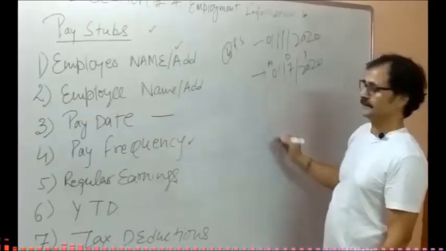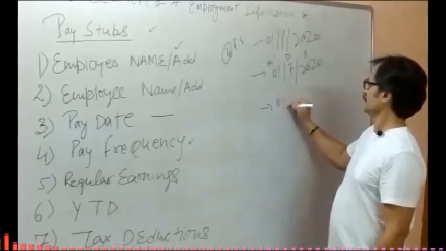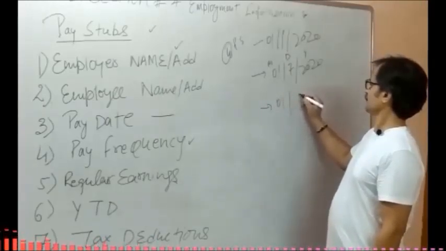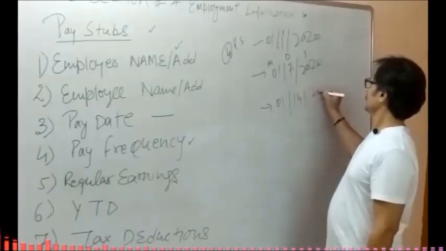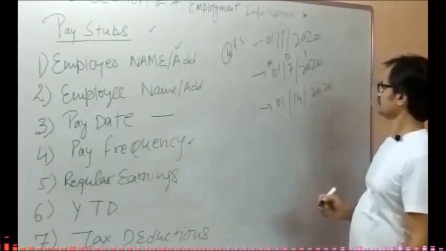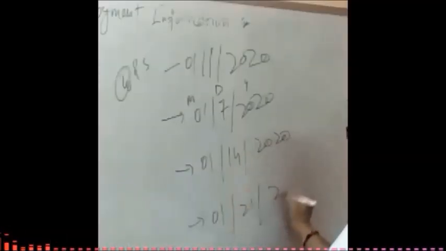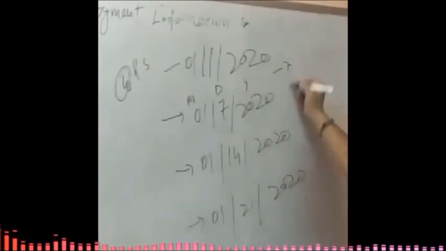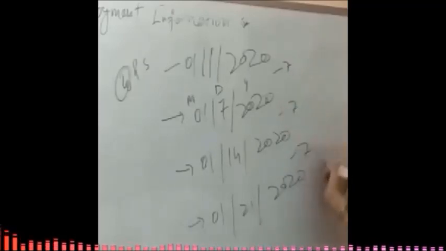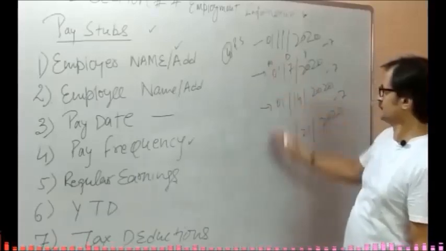The second pay stub is showing this date, and the third is showing 1/14/2020, and maybe the fourth is showing 1/21/2020. That is all. So now I can see 7 days. What is the gap? 7 days, 7 days, 7 days. I can clearly see that it's a frequency.